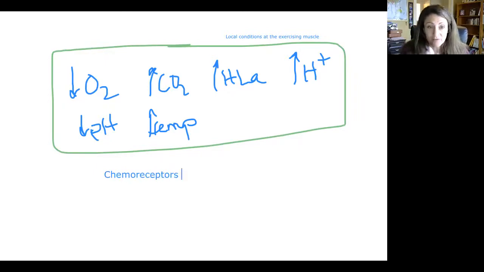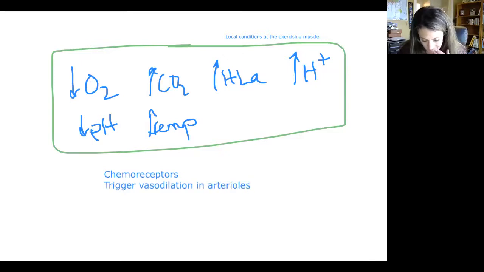So it's going to send that information in, which is going to trigger vasodilation in these arterioles. That vasodilation is going to bring in more blood flow.